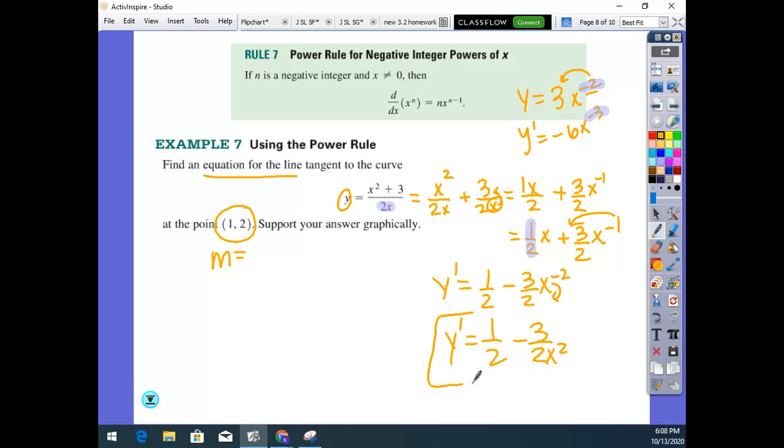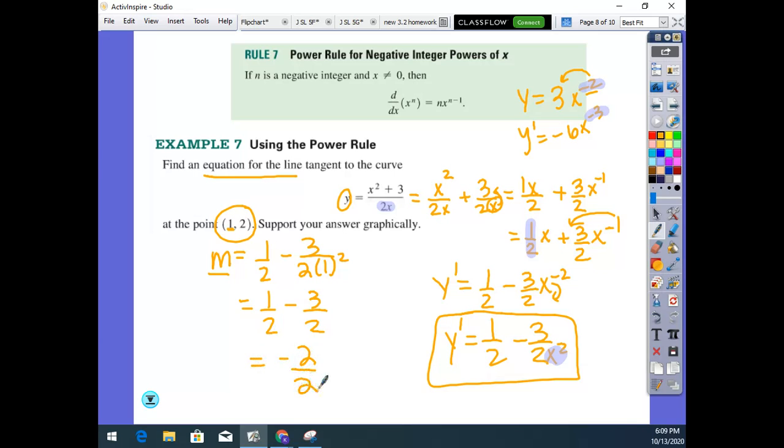Okay, if this is my derivative equation, I find my slope by plugging my x value in for x. 1/2 minus 3 times 3 over 2 times 1 squared. Well, that's just 3 over 2. 1/2 minus 3/2 is negative 2/2, which is negative 1.